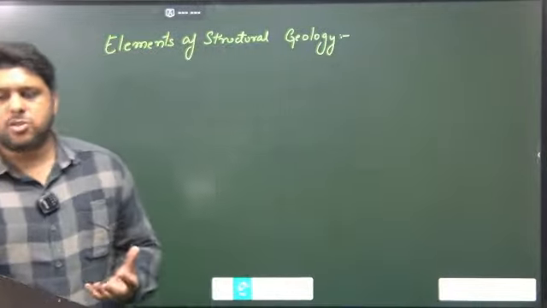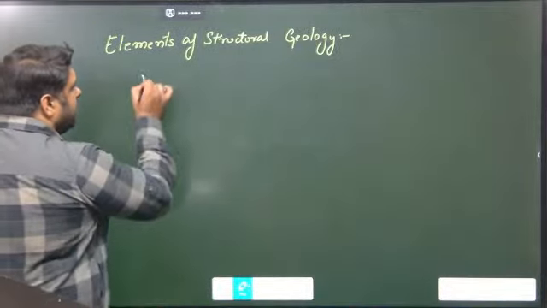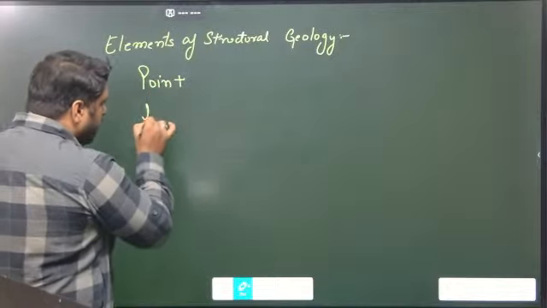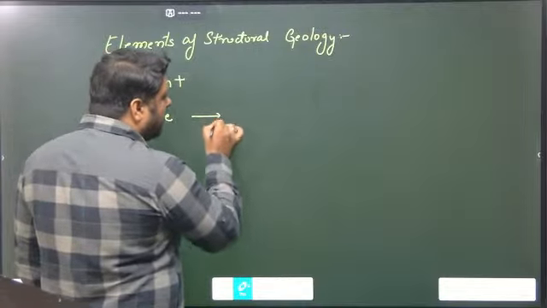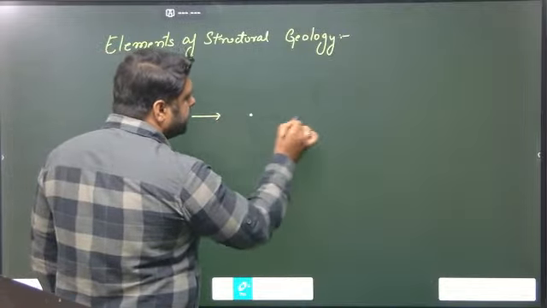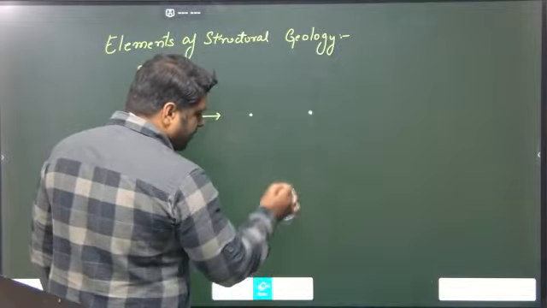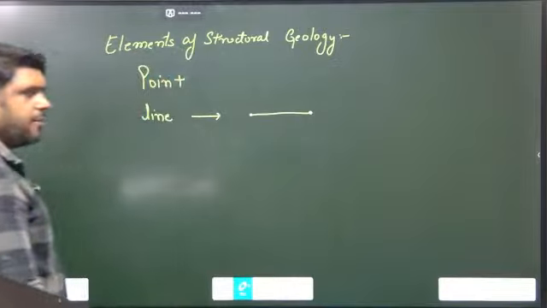So let's start with the point. I think everyone knows about the point and about the line. A line gets formed when we join two points. If I have two points and I join them, a line is formed.